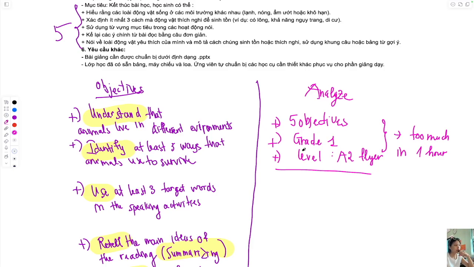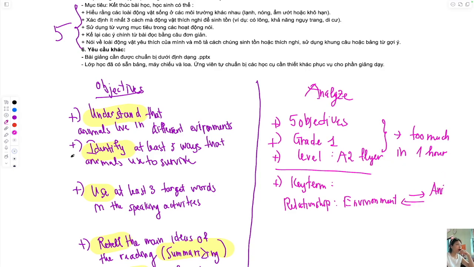The good one is that I can identify the key term here, which is the relationship between the environment and the animal feature, the feature of the animal.